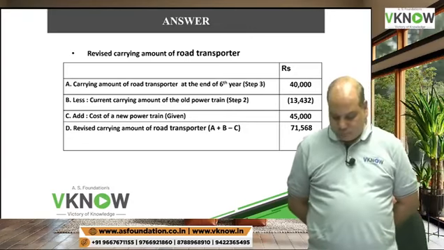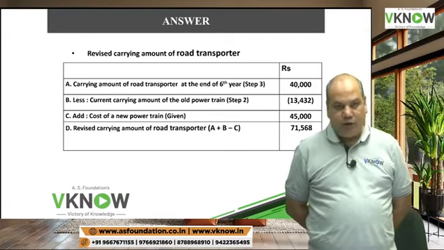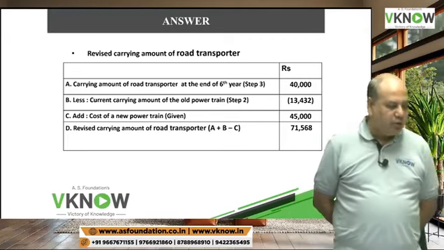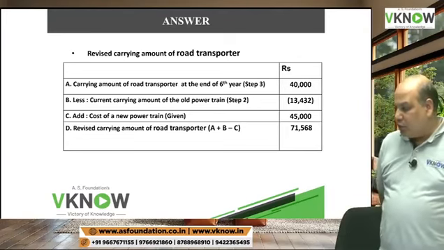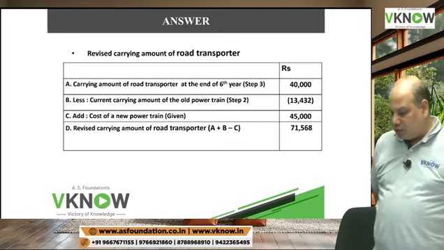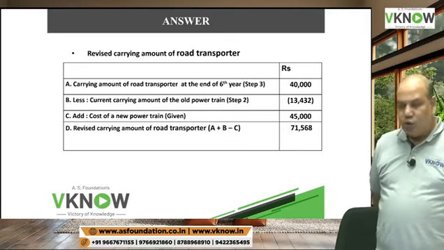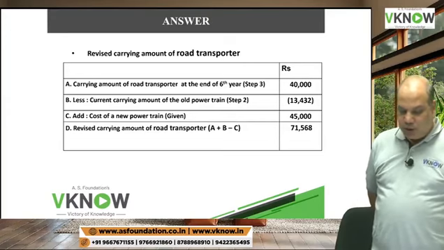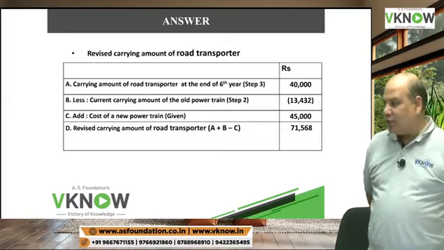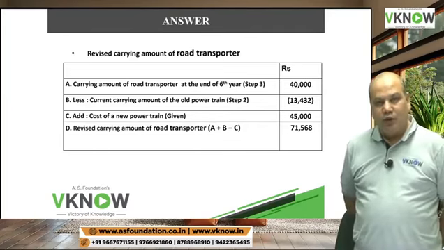Point B, less current carrying amount of the old power train, step 2, 13,432 in bracket. And point number C, what you do? Add cost of new power train, given 45,000.